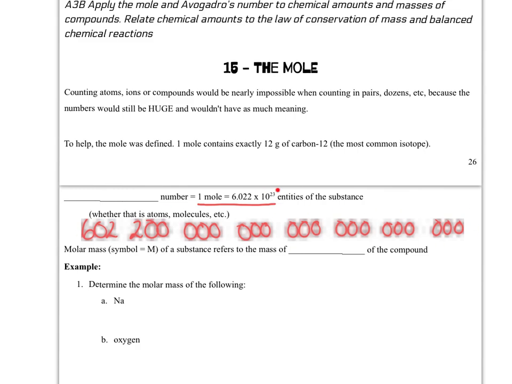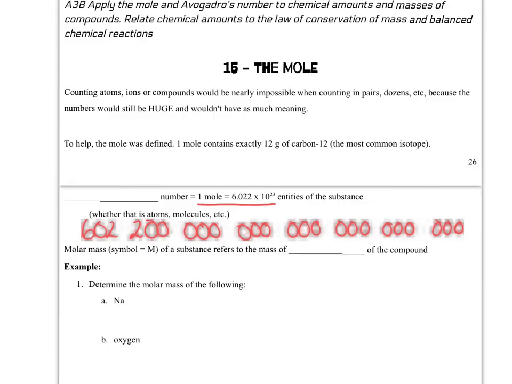The 23 tells me I need to move the decimal 23 places and fill in the rest with zeros. This number is massive, and this represents the number of particles or atoms of a compound present in 1 mole.